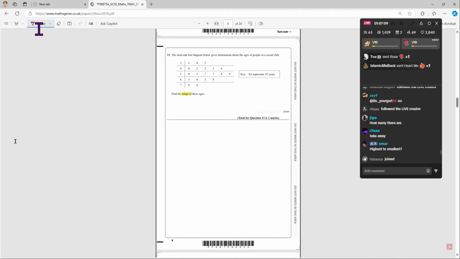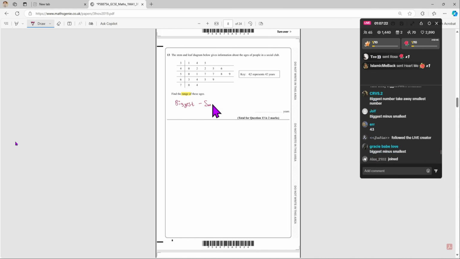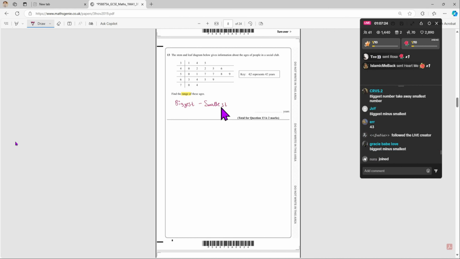I'm getting some good guesses, but yes, it's when you subtract the biggest value minus the smallest. So in this case, we're going to be subtracting the biggest age by the smallest age.